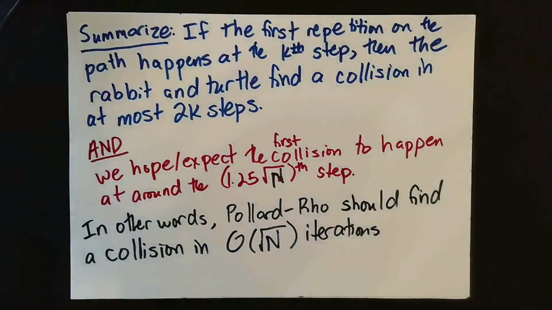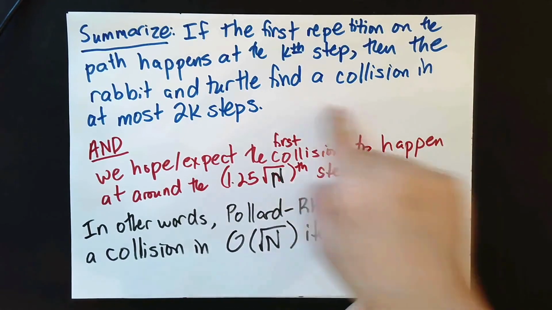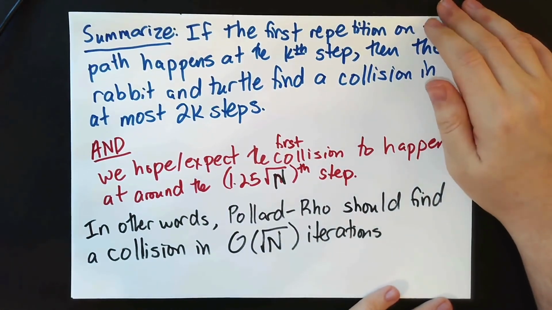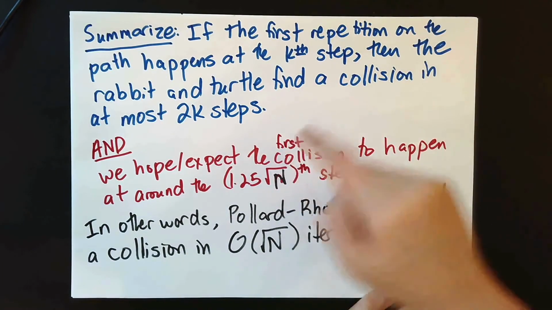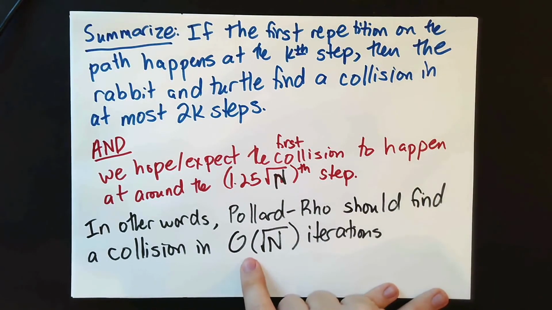And so, with Pollard rho, as long as we get lucky enough that our function behaves random-ishly enough that we can count on this square root of n business, then we should find a collision in O of square root of n iterations, and in particular, O of square root of n comparisons.